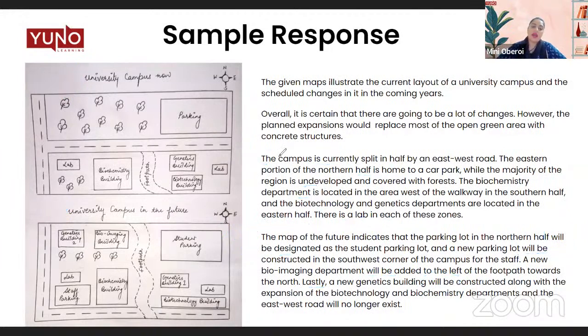So when it comes to a map question, let me tell you, it is not at all that difficult. Now here, I may have received instead of 2, maybe 3 maps, right? So if you get 3 maps, it will be easier for you because you will give the overview for all 3 years.